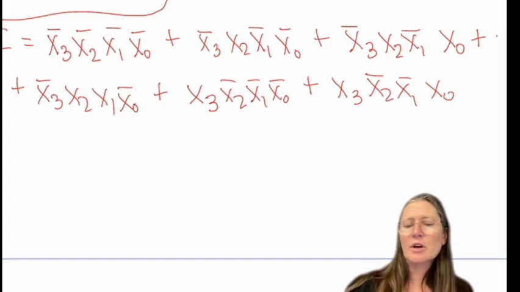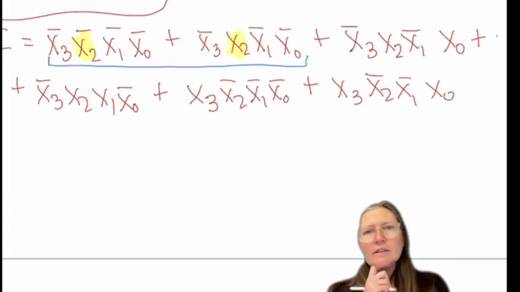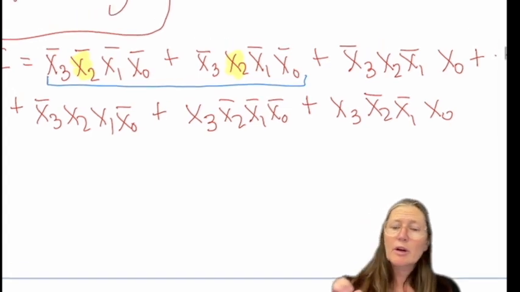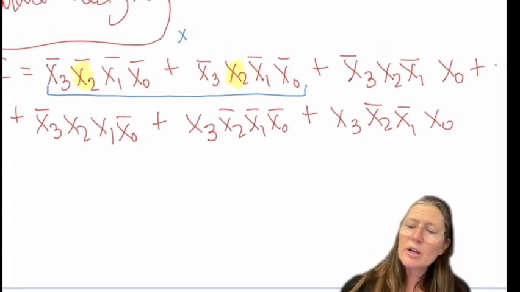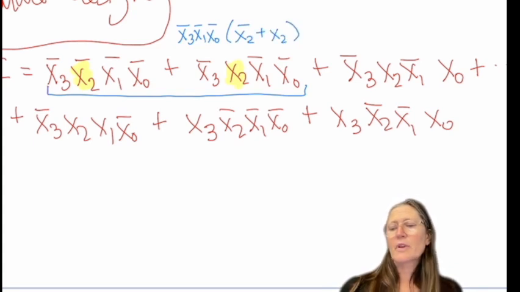So in this first one, we notice that these 2 are similar. The only difference is that one of them is X2 bar and the other one is X2. So we can factor out the common variables, and then this would be an X2 or X2 bar.